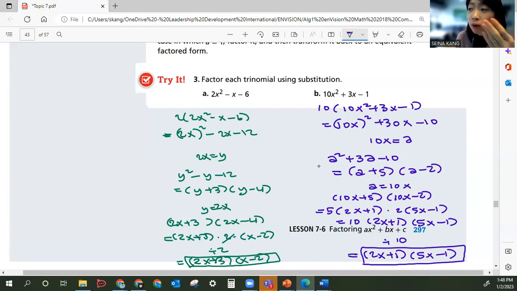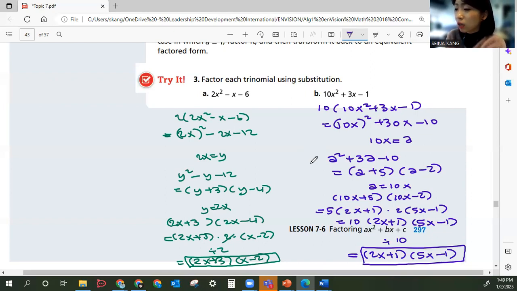In multiplication, you have the commutative property where you can change the order and it will not change your answer, right? So it's okay if your orders are different as long as you got the same factors. If you have 2x plus 1 and 5x minus 1, then you got it correct. Check your answers.